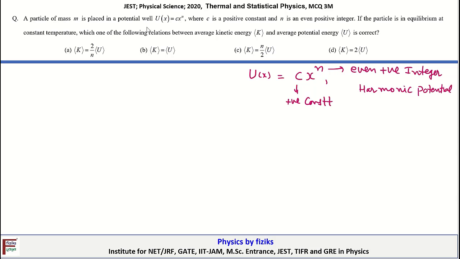If the particle is in equilibrium at constant temperature, which one of the following relations between the average kinetic energy K and the potential energy U is correct?